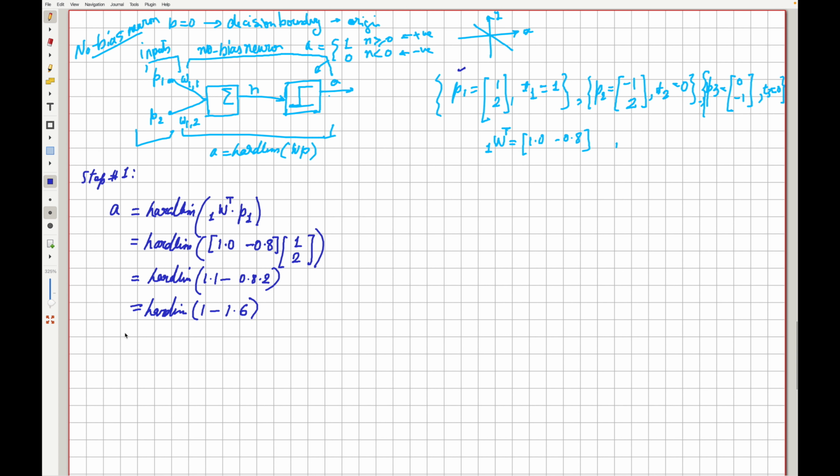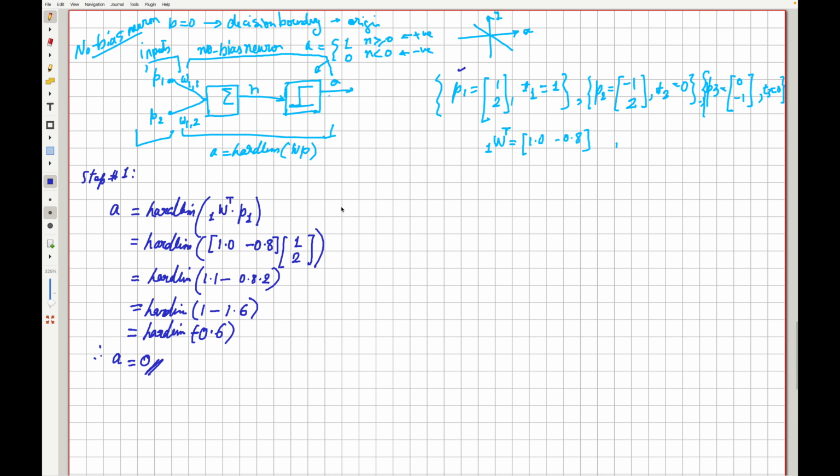and that gets us a value of hardlim of -0.6. So that's 0.6 with a negative sign, and so what hardlim tells us is if the value is less than 0, then a becomes just 0, and that is what we get.